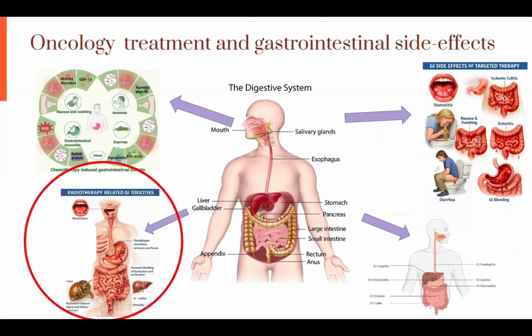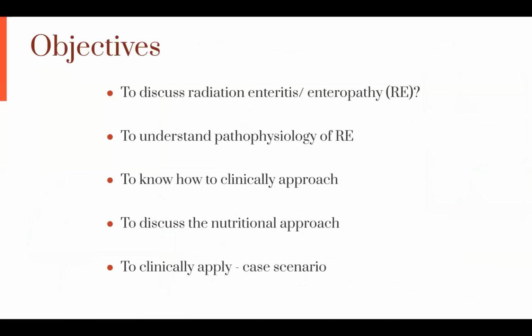As an umbrella, all the modalities of cancer treatment give side effects in all the systems of the body, depending on the target tissues, the treatment qualities and the patient factors. But today we are only going to look at the small intestine and what radiotherapy does to it.